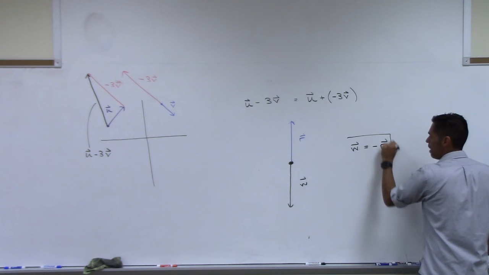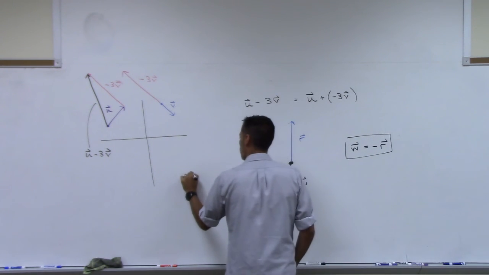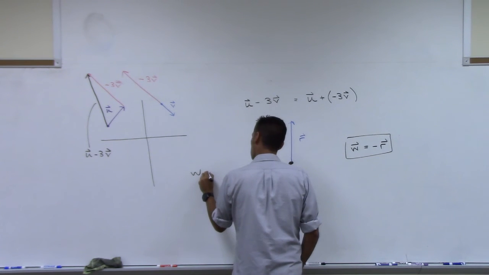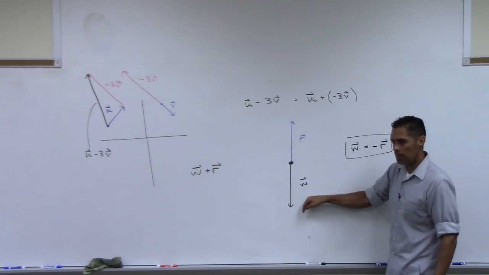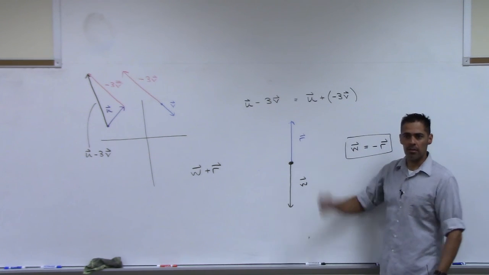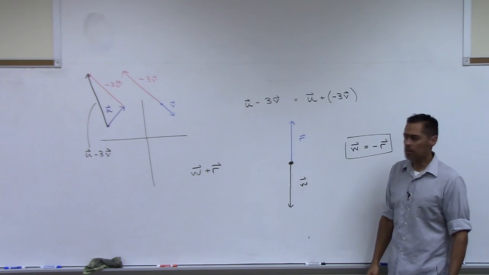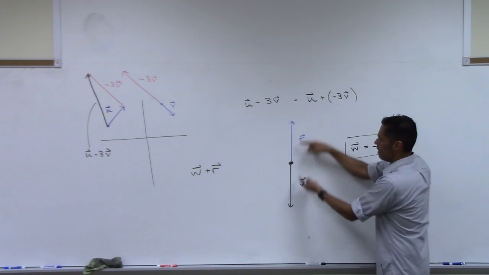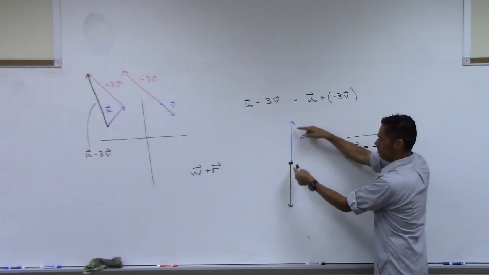This is a relationship we have, right? Just geometrically, what would W plus R be? If you take this vector and you add that vector, you go tip to tail to tip, right? So if I took W, then I took R, and I moved the tail of R to the tip of W, what would happen?